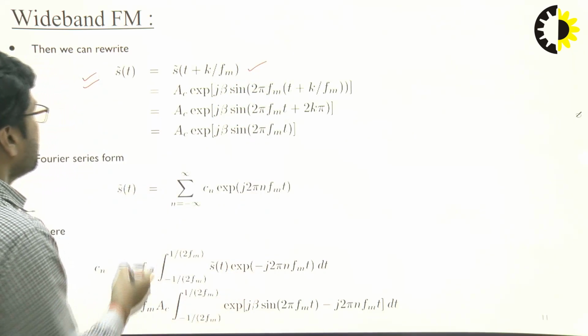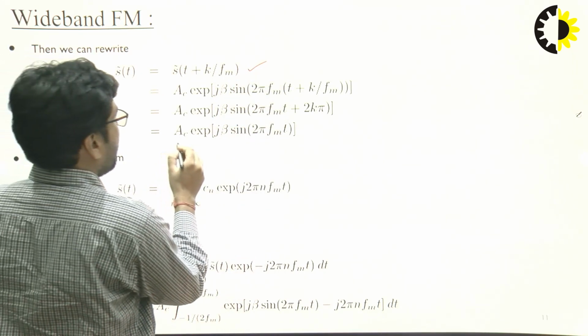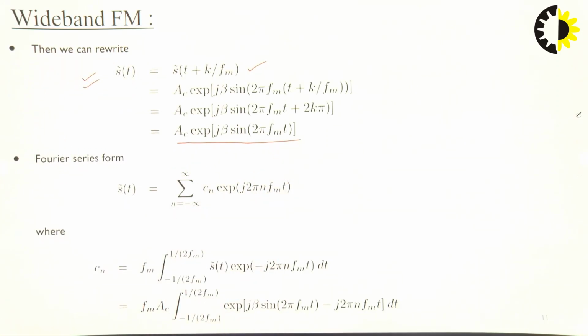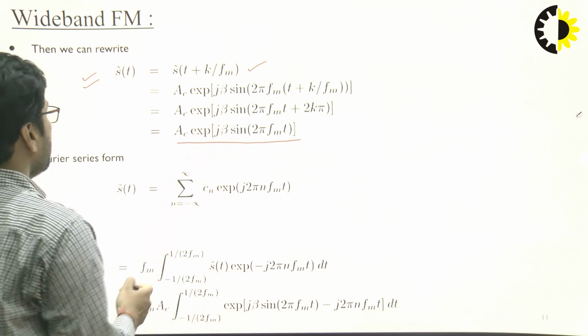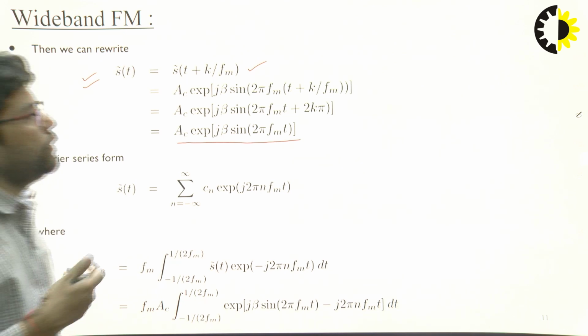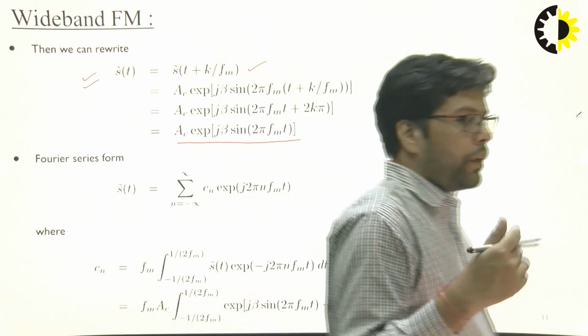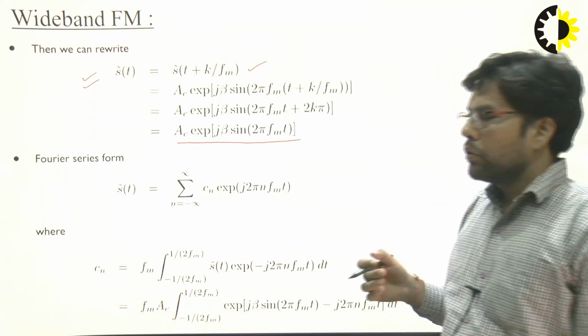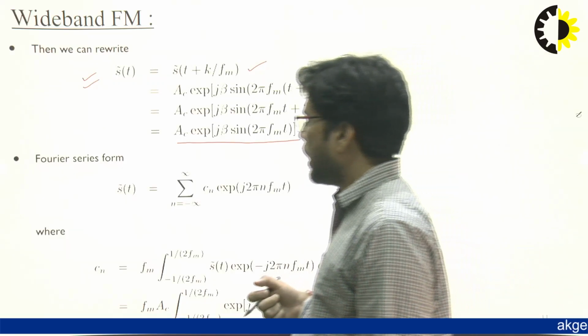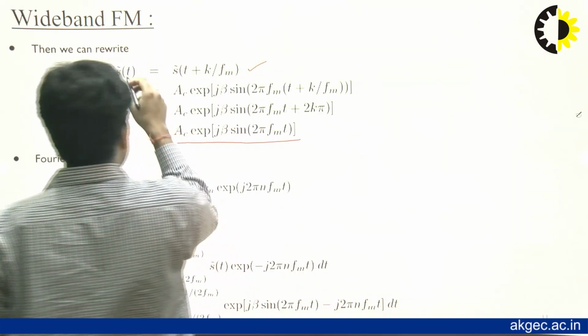S bar t is equal to s bar of t plus k Tm. So this is the equation that we have: Ac exponential j beta sin 2 pi fm t. Right, so as we know, this is a complex envelope, that's why this is a periodic signal. So for the periodic signal we need to find the Fourier series to find the bandwidth of the signal. So we have to take the Fourier series of this s bar t.